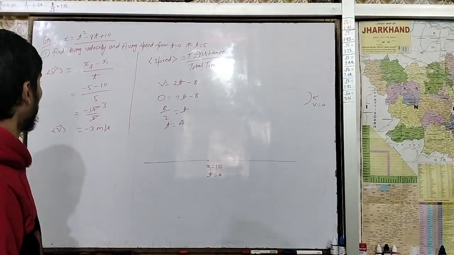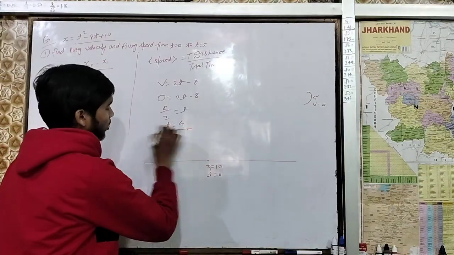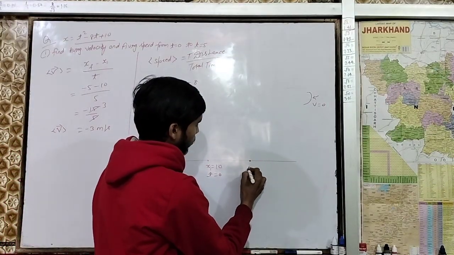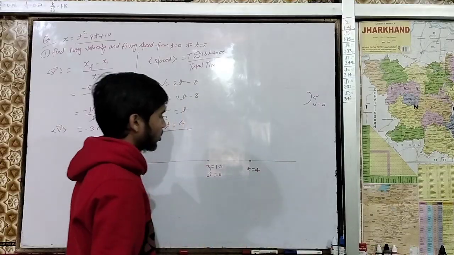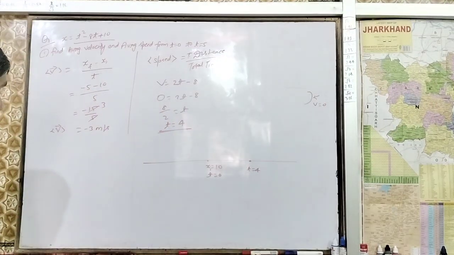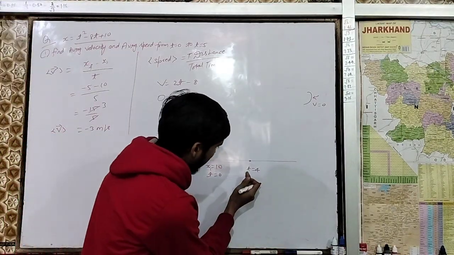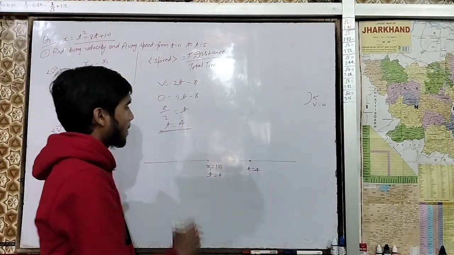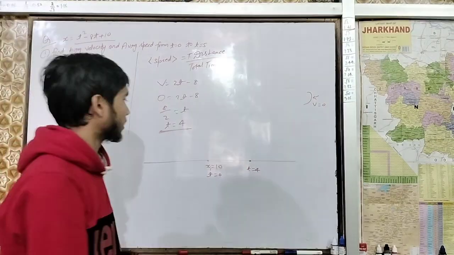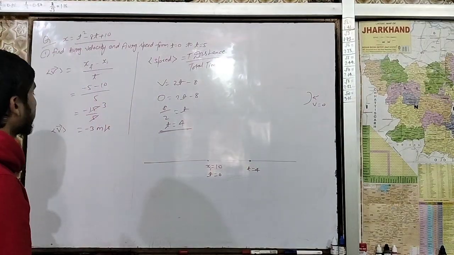Now we have t as 4. Let's say this is t equal to 4 seconds. So what would our x be? Here our object is taking a turn.